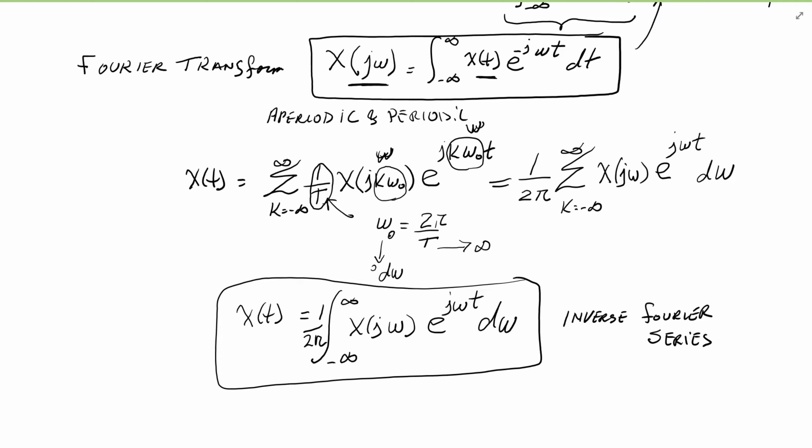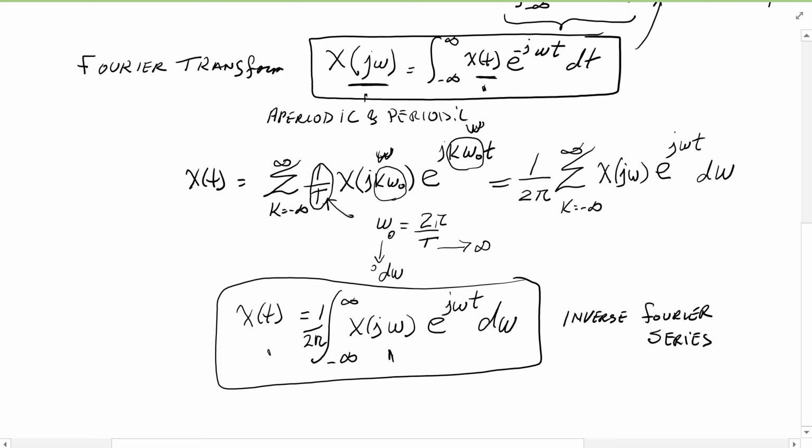So the Fourier transform will take us from the time domain to the frequency domain, and the inverse Fourier transform will take us from the frequency domain to the time domain.